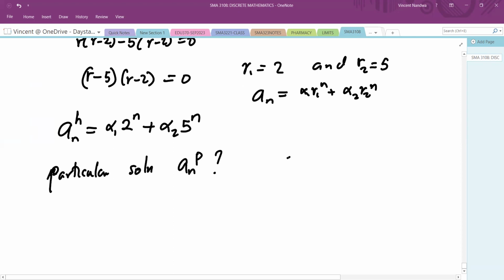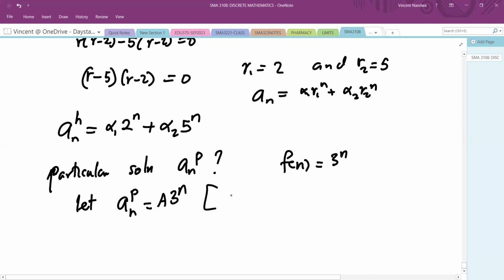Now, remember in this problem, f(n) is 3^n, a constant raised to the power n. Which means the particular solution will take the form of a constant times 3 raised to the power n.